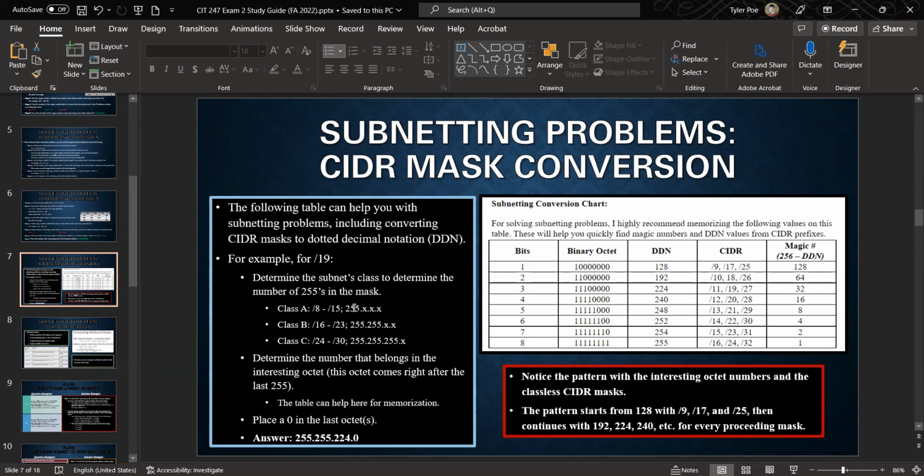It's only going to have one 255 in the mask. If you have a class B mask, which is inclusively between /16 and /23, you're going to have two 255s. Finally, if you have a class C mask, which is between /24 and /30, you're going to have three 255s.